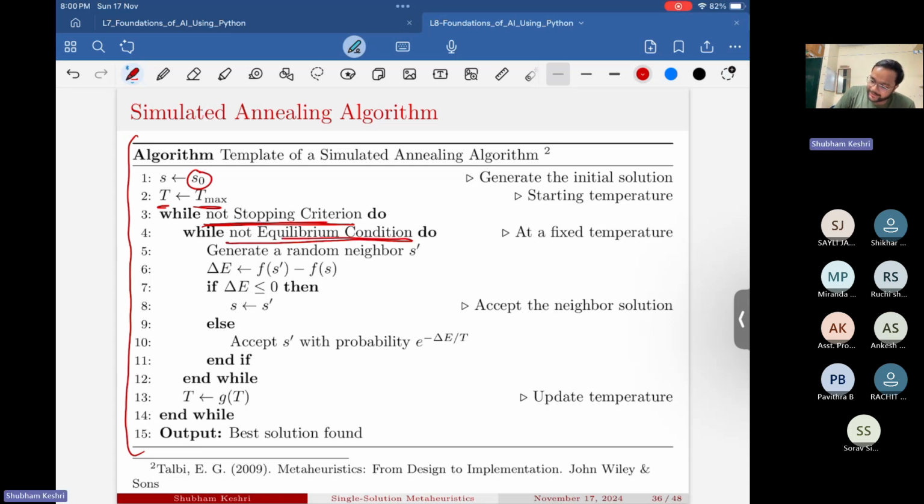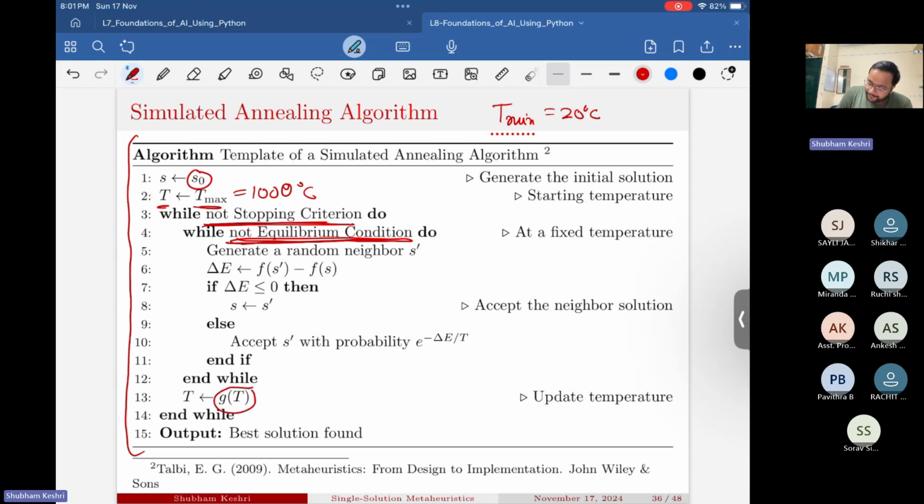Not equilibrium condition. So this is like reaching the minimum temperature. So you are saying when you reach a temperature of 20 degrees centigrade, you will stop the process. So this is what equilibrium condition is. Equilibrium says that 20 degrees centigrade is my equilibrium temperature, and I'm starting with suppose 1000 degrees centigrade.